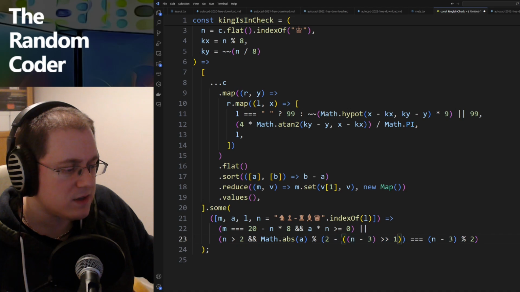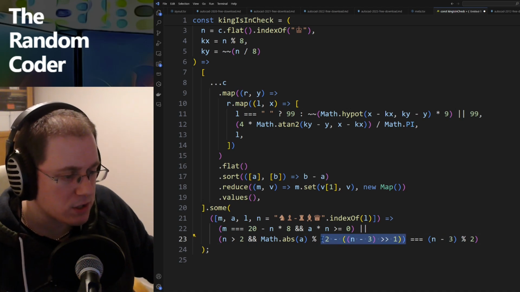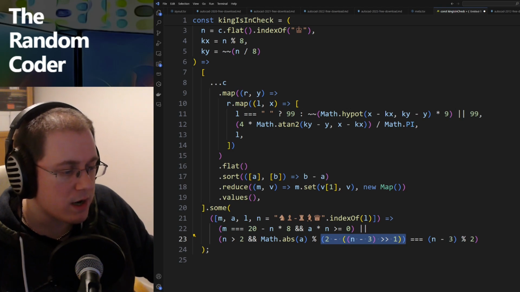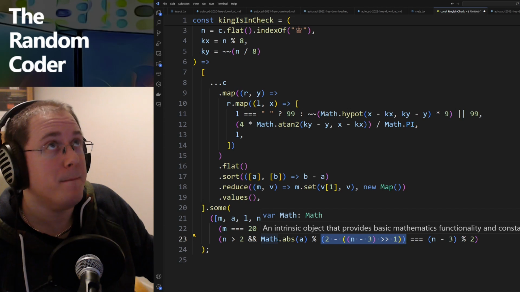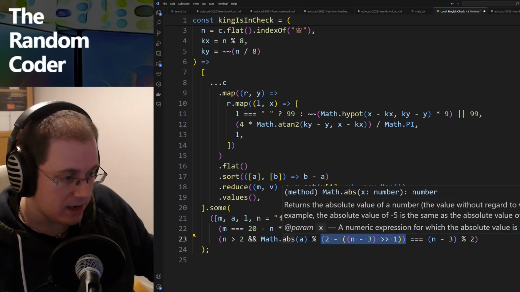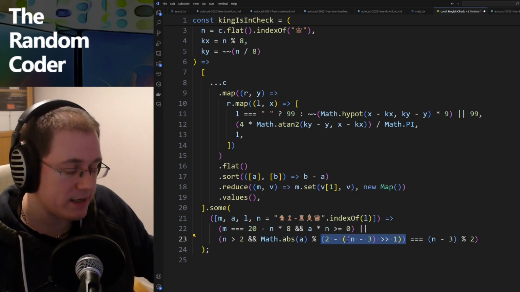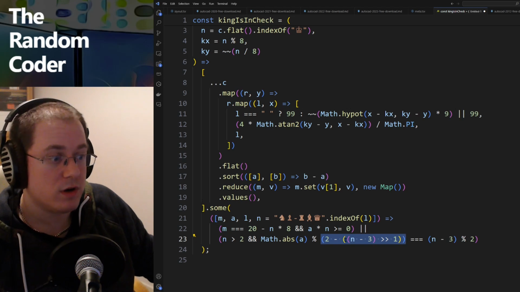Yeah, 2 minus this thing, which we said would target queens. So for a queen, we do modulo 1. For a rook and a bishop, we do modulo 2. So yes, if we had 0, 2, or 4 as the angle, or minus 0, 2, or 4 as the angle, and we do modulo 2, that's going to find rooks.